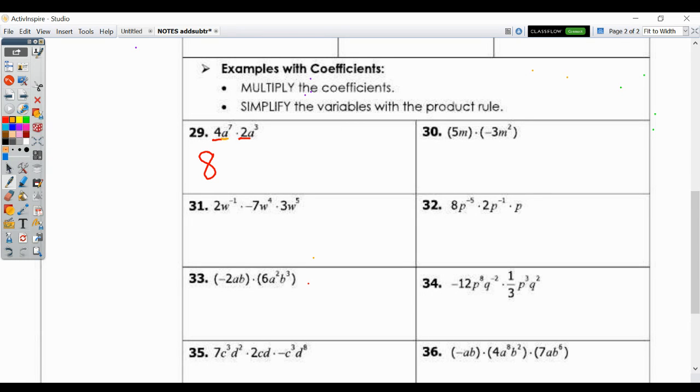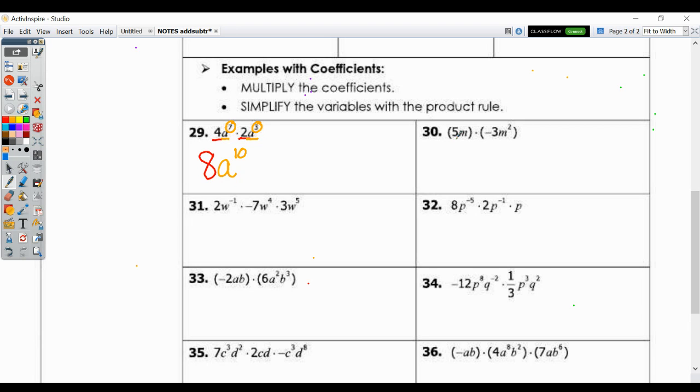So I have a to the 7th times a to the 3rd. So right beside that 8, I'm going to put an a. And since I'm multiplying, I just add my exponent. 7 plus 3 is going to be 10. So my big answer will be 8a to the 10th.